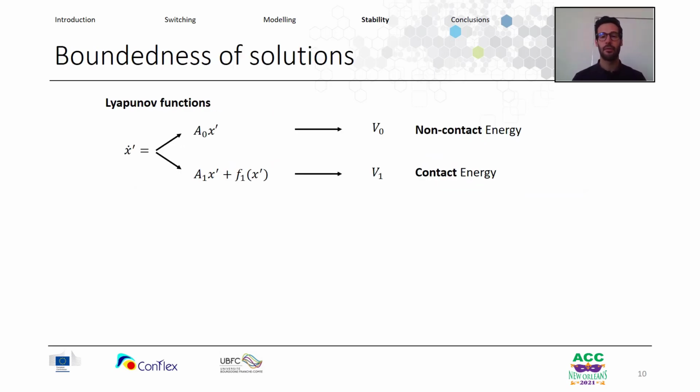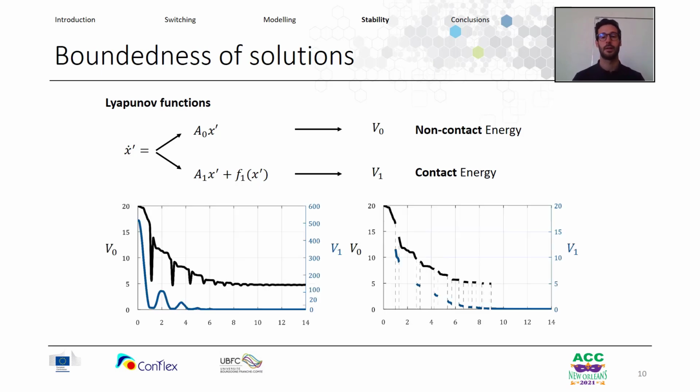Then we define the Lyapunov functional associated to each vector field that composes our switching system, and we set the non-contact Lyapunov functional to be equal to the non-contact closed-loop energy of our system, and the contact Lyapunov functional to be equal to the contact closed-loop energy of our system.